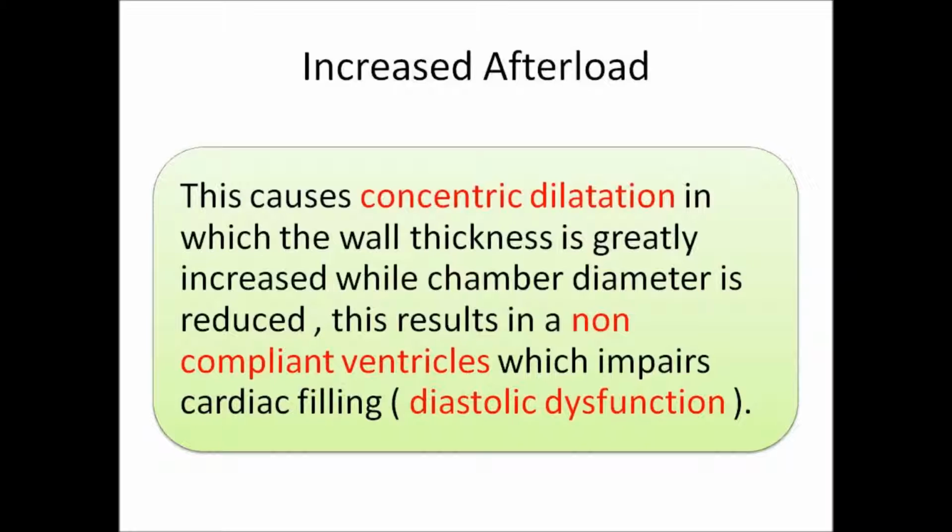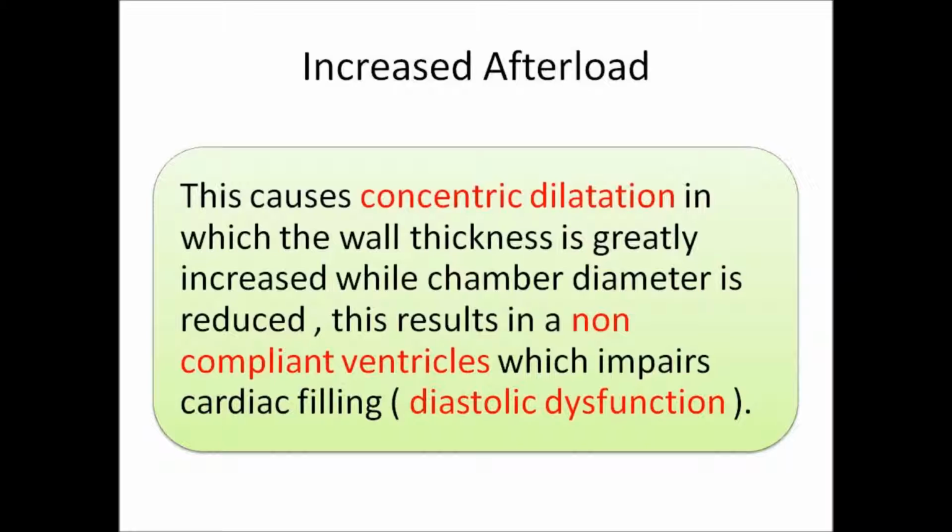And in increased afterload, this causes pressure overload. The heart is pumping the blood against a high amount of resistance, and that is the pressure overload. This will result in concentric hypertrophy. Concentric hypertrophy is the compensatory mechanism by which the heart tries to compensate for the increase in the afterload and the increase in the resistance.